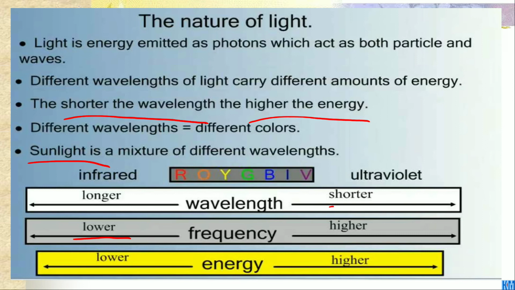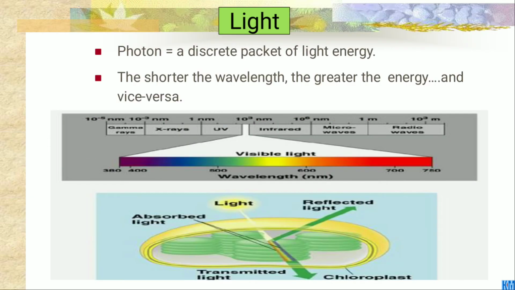In a shorter wavelength the frequency is higher, and in a longer wavelength the energy is low, and in a shorter wavelength the energy is high. This is the difference between the longer wavelength and the shorter wavelength.